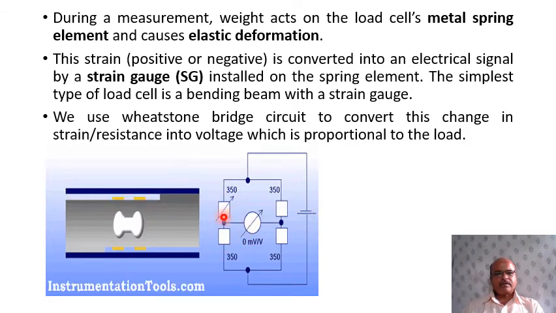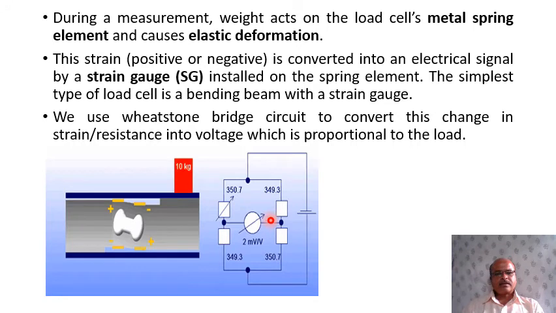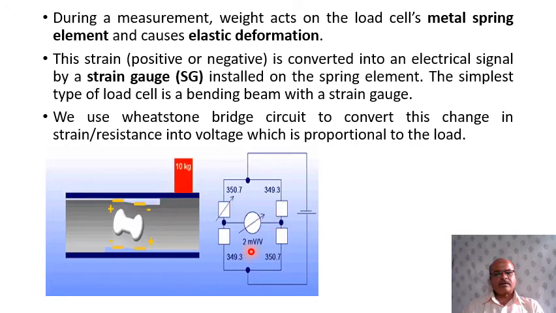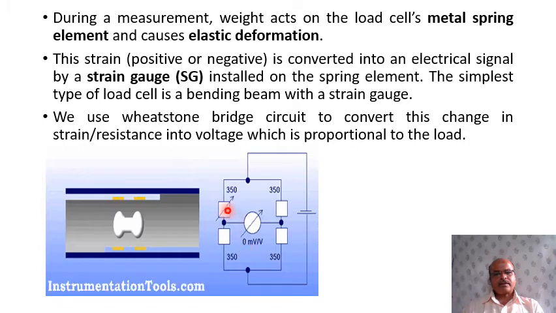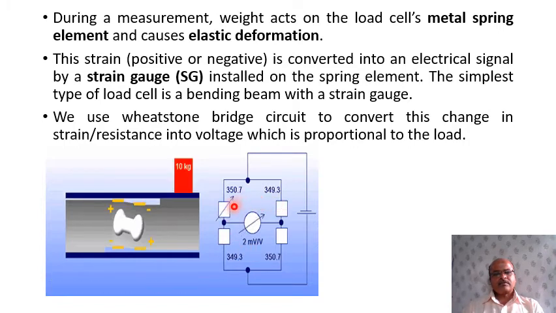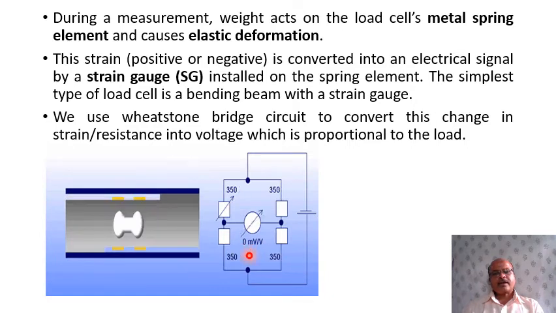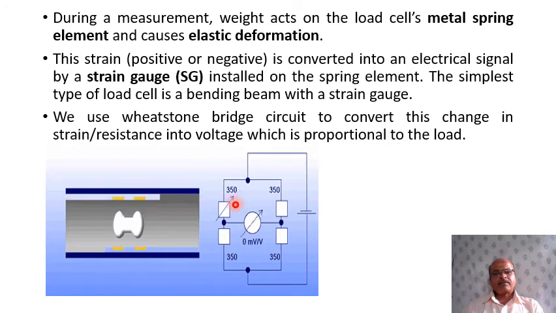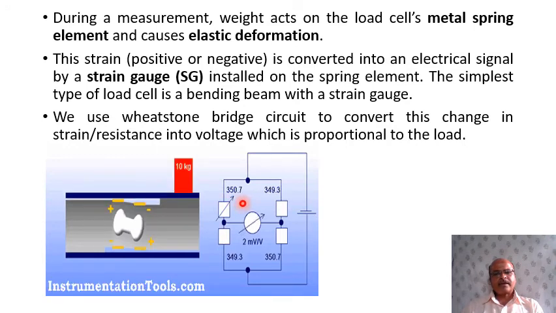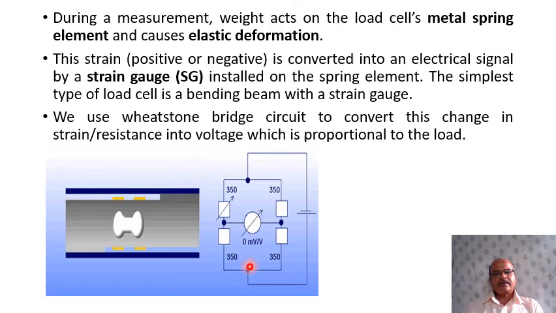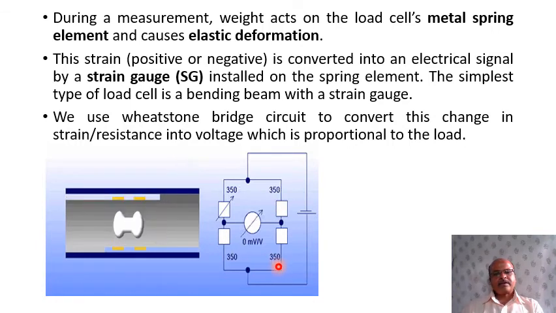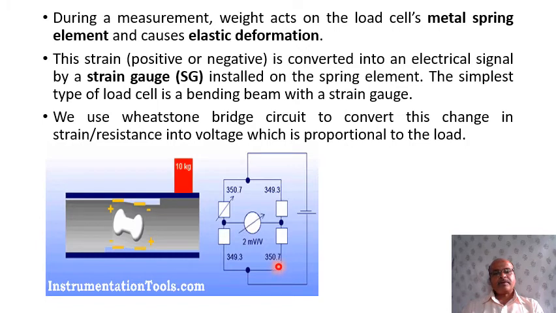So if there is a constant resistance, there is zero voltage. Observe here, zero voltage, there is a constant resistance. Observe 350, 350, 350, then there is zero voltage. Then if there is a change in resistance, here it becomes 350.7, here 349.3, then here see, 349.3 and here it becomes 350, 350.7.